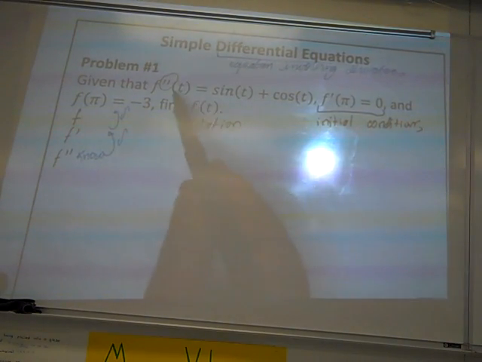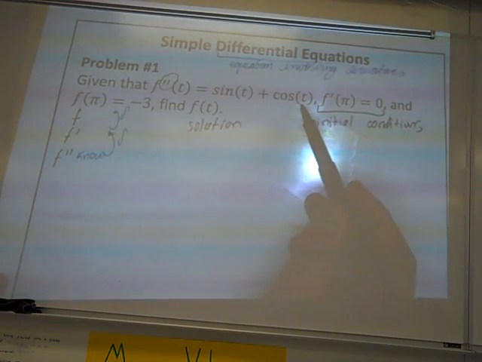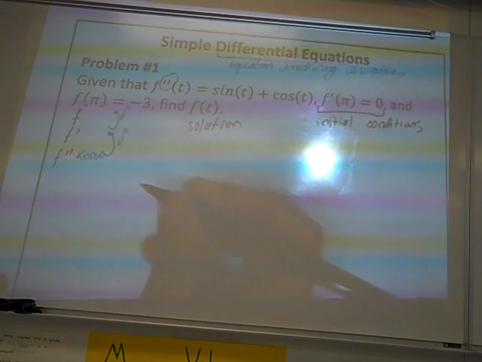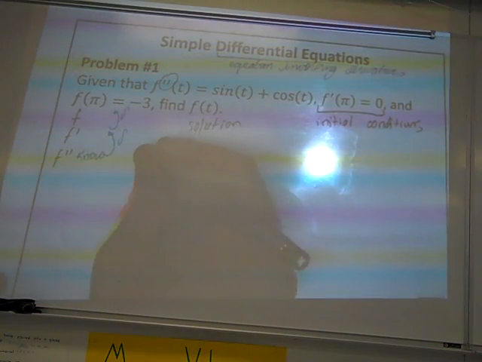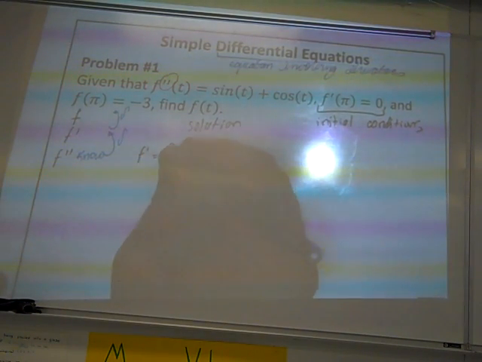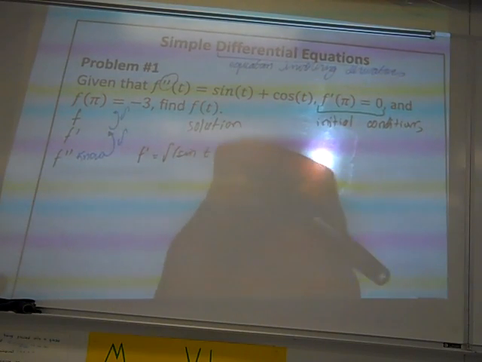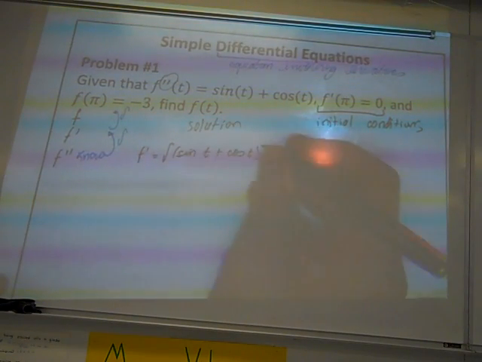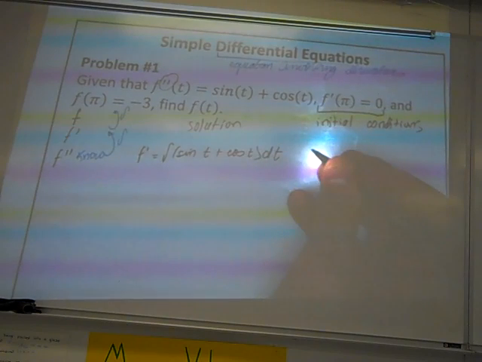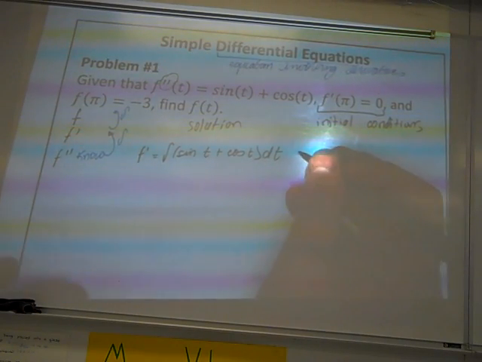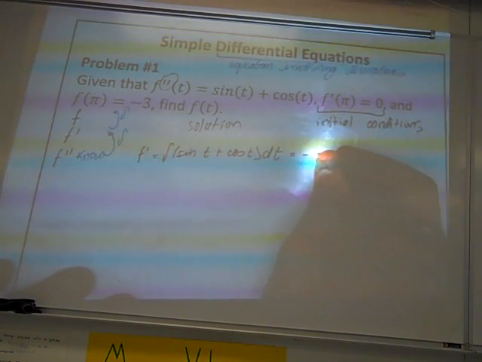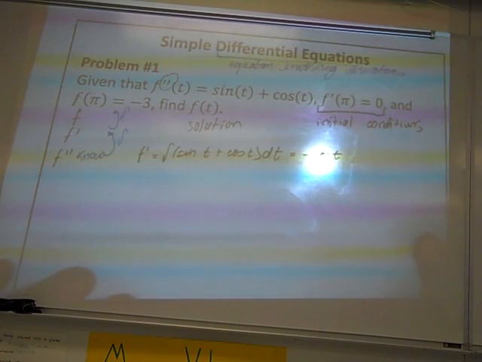So, since f double prime is sine of t plus cosine of t, let's take one integral to get to f prime. F prime is going to be the integral of the sine of t plus the cosine of t. T is my variable, so I'm integrating with respect to t. The antiderivative of the sine of t is negative cosine of t.